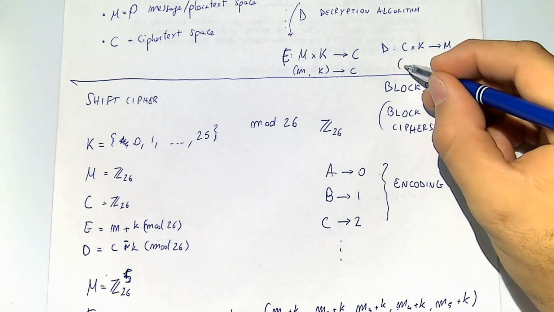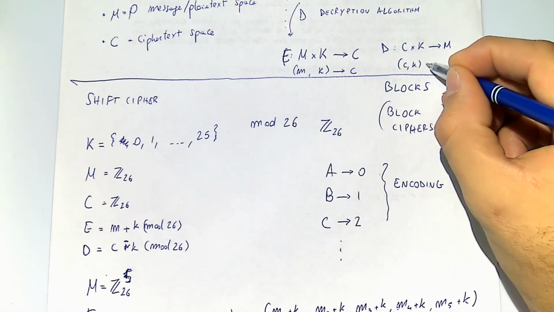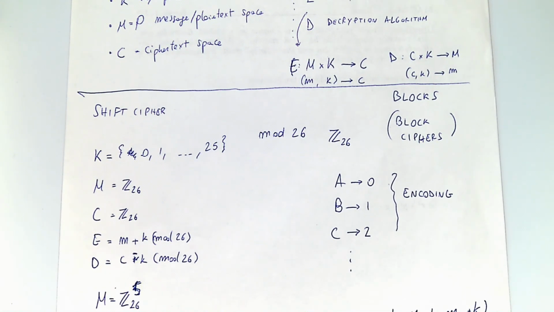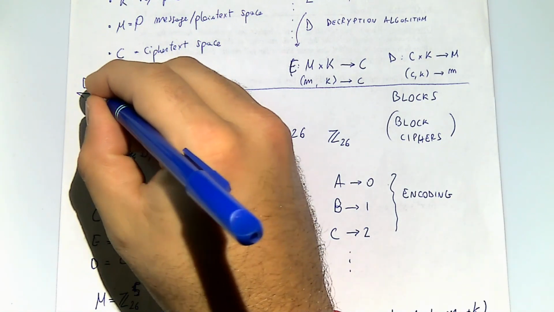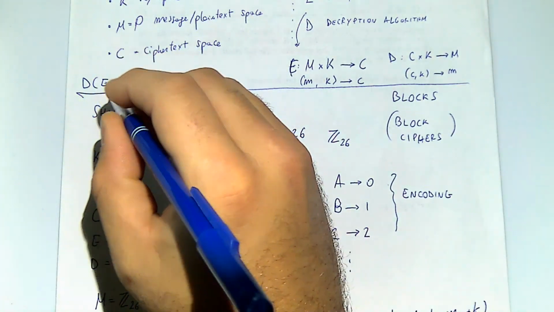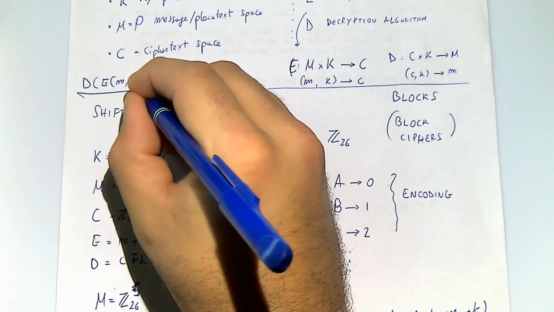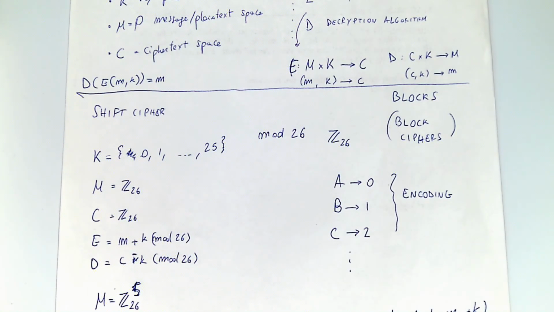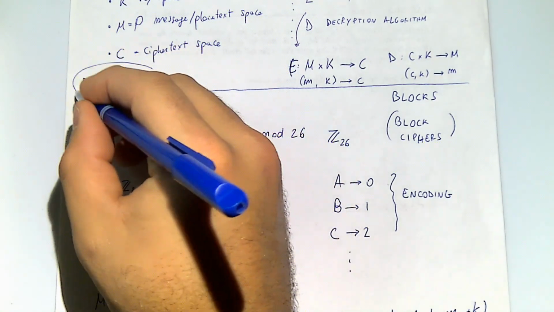Of course, the important requirement is that the encryption is undone by the decryption: the decryption of the encryption of a message with a key returns the message.